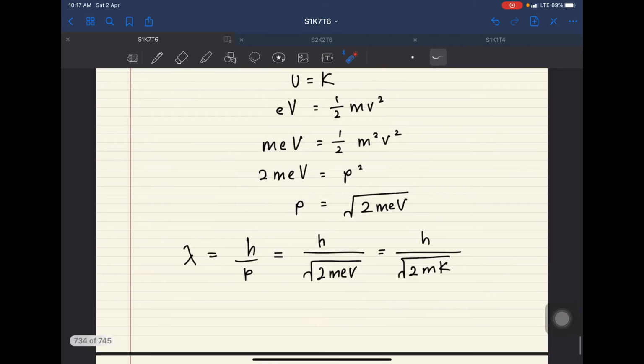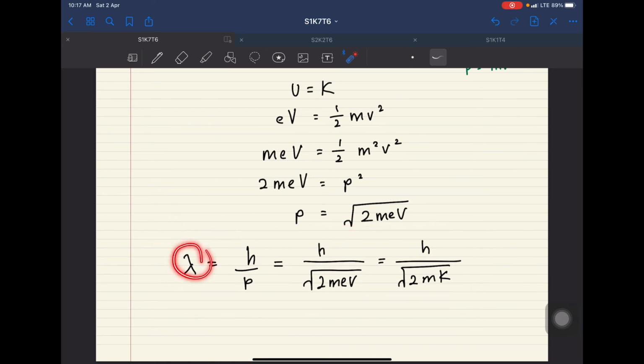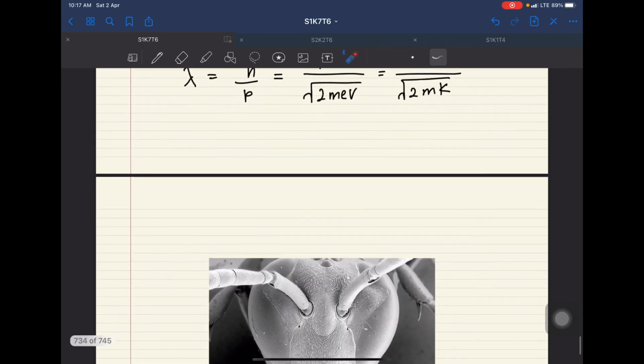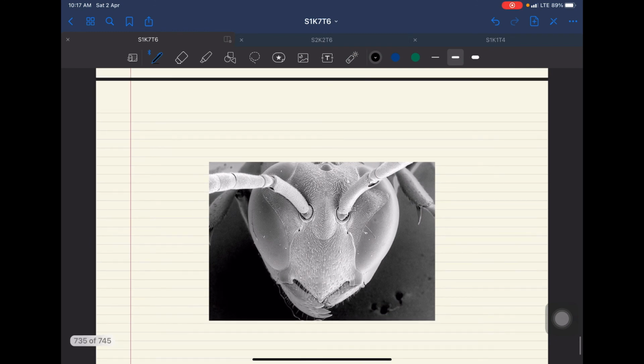Because of this equation, it shows that you can control the lambda for a particle. Since you can control lambda, you have a relation between lambda and resolution, where lambda is inversely proportional to the resolution.